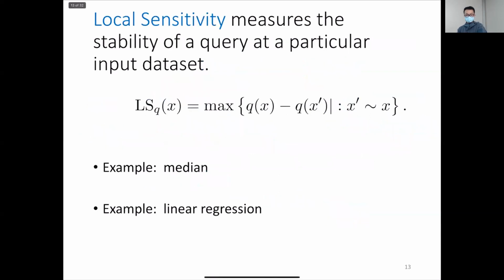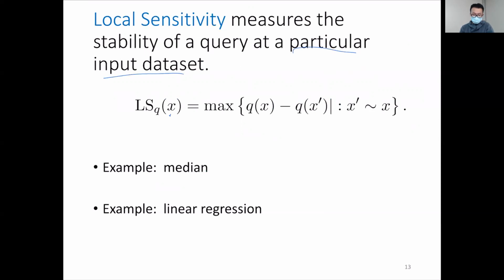Right. So that brings us to the idea of how about we weaken the definition of global sensitivity into something local? When we consider the sensitivity conditioned on this particular input data set X. Right, so very similar to the global sensitivity definition. So this Q is just a query which I was denoting with F earlier.